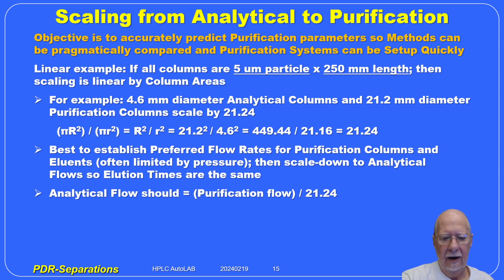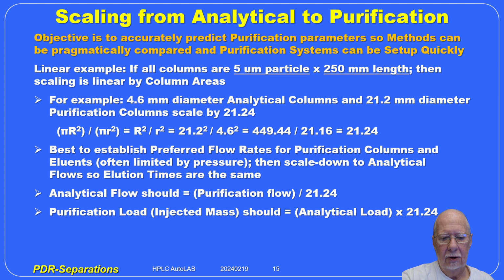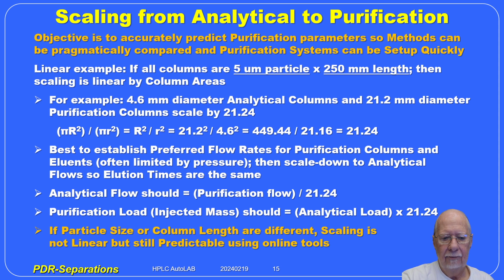Then the analytical flow would equal the purification flow divided by 21.24 in this example, and the purification load, or the injected mass, should equal the analytical load times 21.24 in this example. If particle size or column length are different, scaling is not linear, but still predictable using online tools.